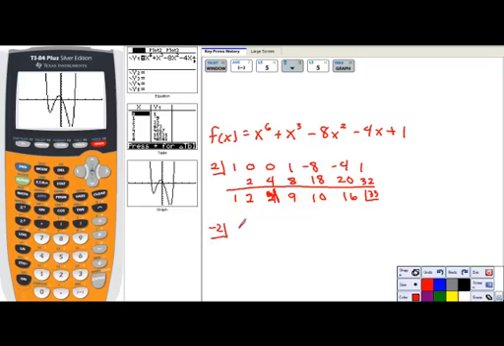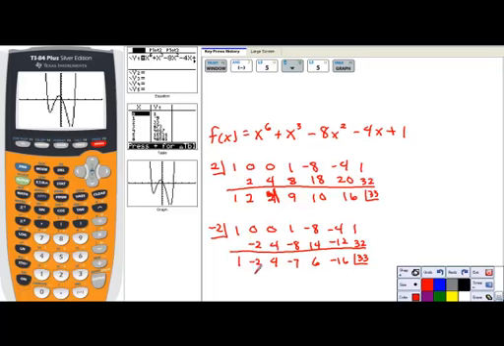-2. And again, I'm going to start with 1, 0, 0, 1, -8, -4, and 1. Drop down, multiply, add, multiply, add, multiply, add, multiply, add, multiply, add, multiply, and add.